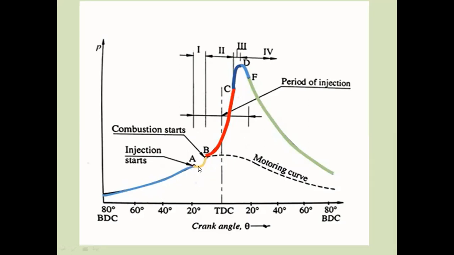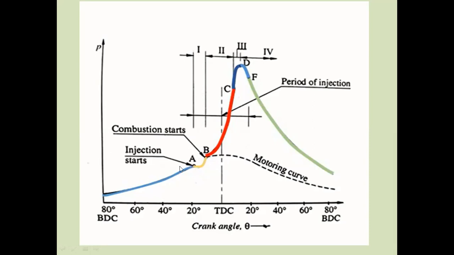The period from A to B is the ignition delay period. From B to C is uncontrolled combustion. From C to D is controlled combustion. From D to F is the after burning period. The ignition delay period is the time between the start of injection and the start of combustion. The dotted line shows the motoring curve: without any combustion, if we rotate the engine, some amount of pressure is present in the combustion chamber, which is around 30 bar.